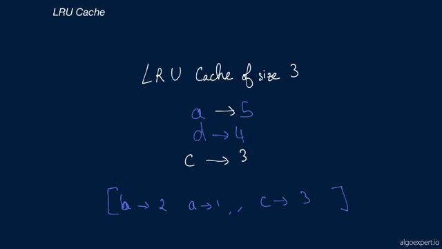Not only to find where the key value pair is, but then to move it to the start of the list and shift every other key value pair down. So again, it doesn't look like an array or a list is great for what we want to do.